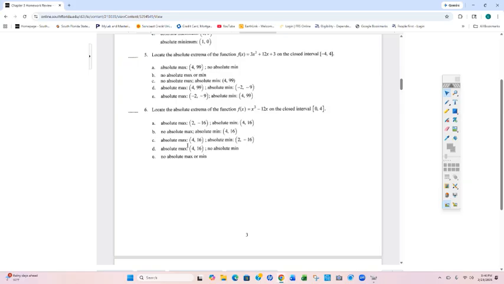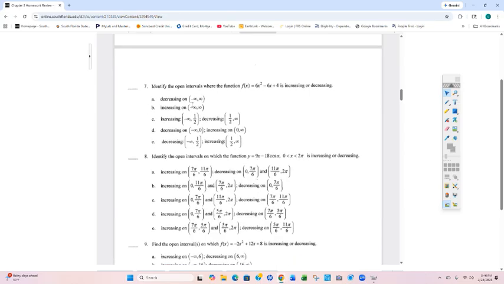C, absolute max at the coordinate 4, 16, absolute min at the coordinate 2, -16. D, absolute max at the coordinate 4, 16, no absolute min. E, no absolute max or min. The correct answer is C, and that is from section 3.1.